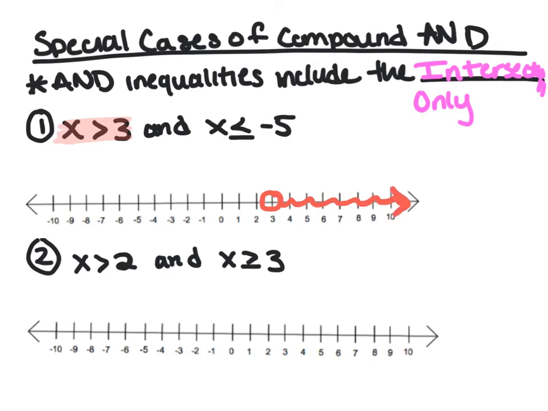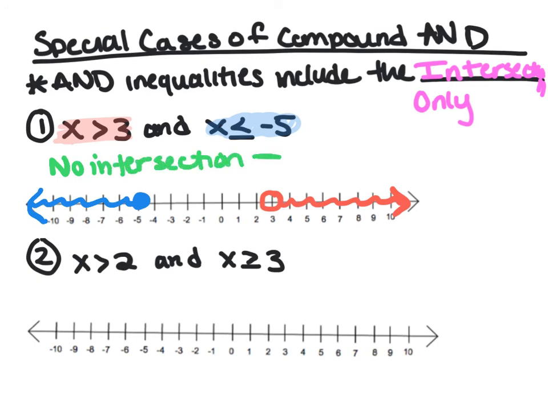For the second part, I have x is less than or equal to negative 5. So I can put a closed circle at negative 5, and I would shade to the left. Now, since if we were to look at these lines, there's no intersection, this would be what we would call no solution.